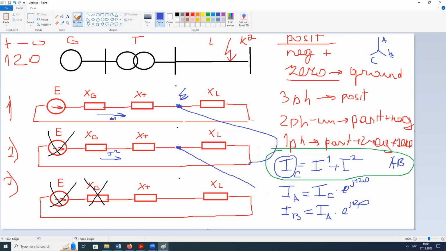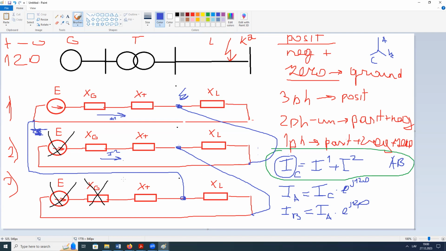This we are connecting to the ground, and this we are connecting here, and this is to the ground. This is if we have a ground fault.